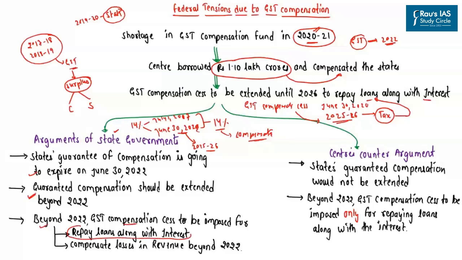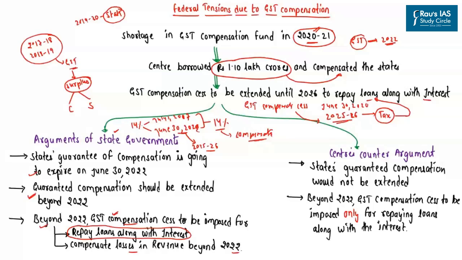Apart from that, we must continue to impose this cess even to compensate the loss in tax revenue from 2022 to 25-26. If their revenues do not increase by 14% year on year from 2022 to 26, whatever loss they incur should be compensated by the central government.